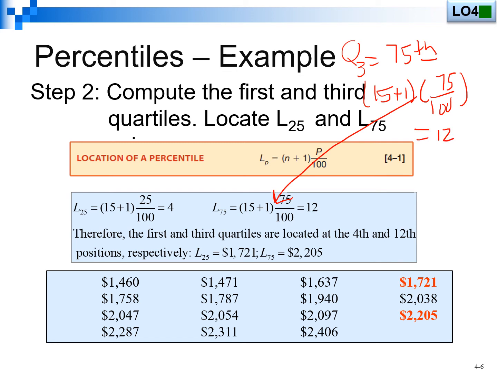That means it is the 12th position, so you just have to count. We've got 1, 2, 3, 4, 5, 6, 7, 8, 9, 10, 11, and then guess what? There's 12, so there's your answer. That would be called the 3rd quartile or the 75th percentile.